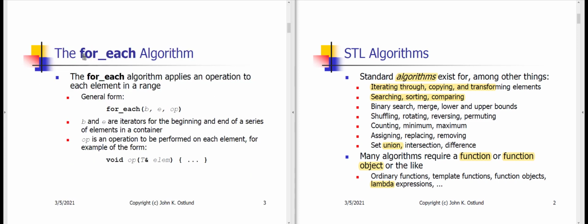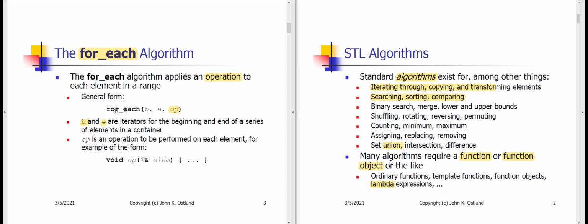The first algorithm we're going to look at in detail is an algorithm called for_each. What the for_each algorithm does is to apply some operation that you specify as the third parameter to the for_each algorithm to each of the elements within some range, and the range is specified by beginning and ending iterators.